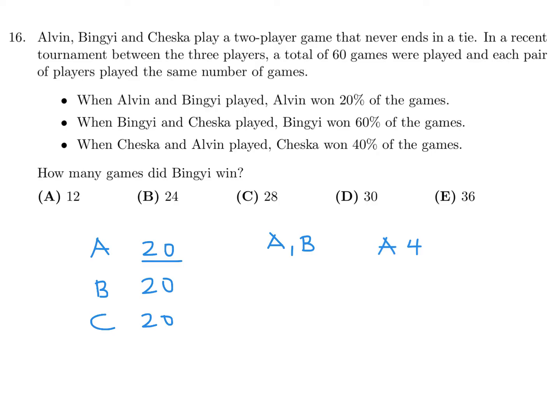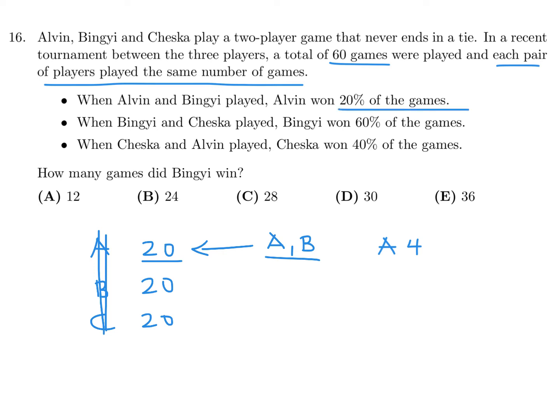Each pair played the same number of games. So since there's 20 games, this pair played 20 games. I think this was misleading here. And of those 20, Alvin won 20%, so Alvin won 4, and therefore Bingy won 16.